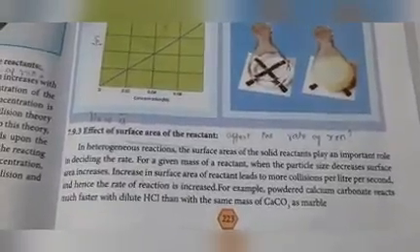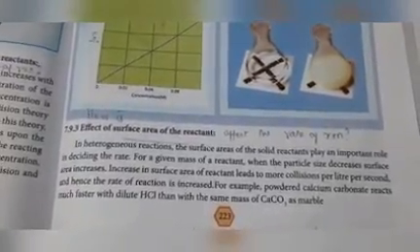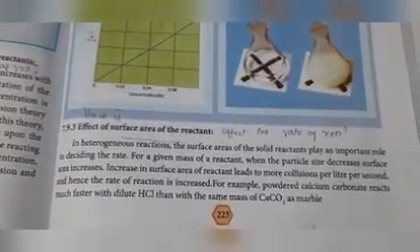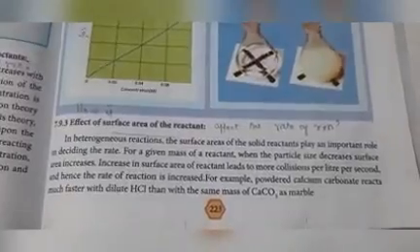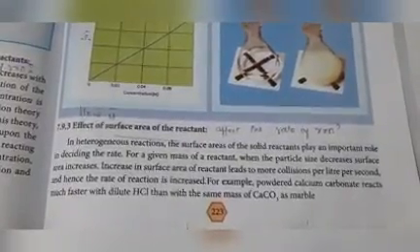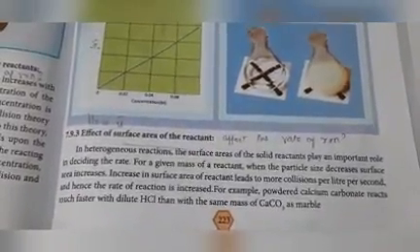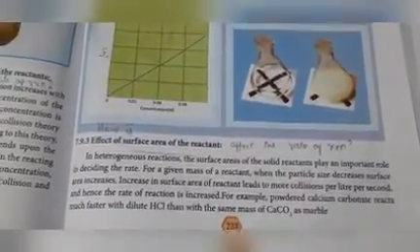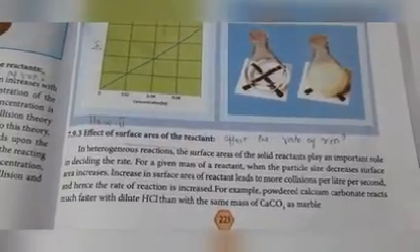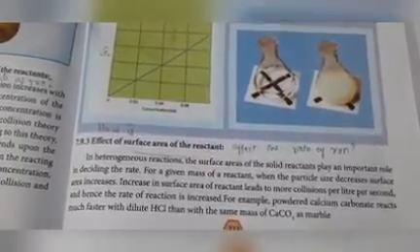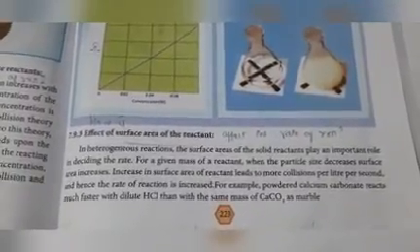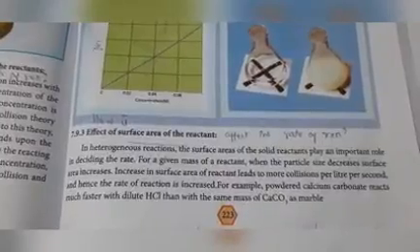In the second category, marble calcium carbonate, like stone, reacts with dilute HCl. The first category takes place faster than the second, because powdered calcium carbonate has a smaller size, that means greater surface area.